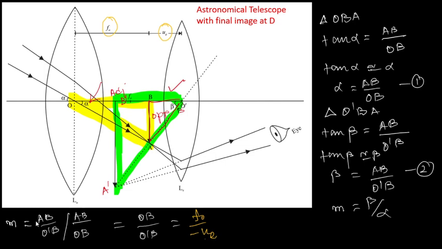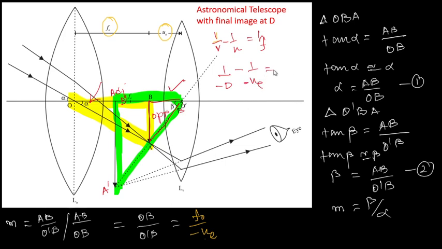Now we know the formula according to the lens formula, 1 by V minus 1 by U is equal to 1 by F. So 1 by V can be replaced by minus D. So 1 by minus D, and then minus U can be replaced by the eye lens object distance, that is minus UE, is it not?